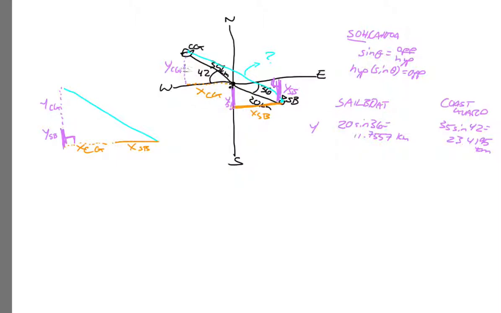So what I did right there is I found this length by taking the sine of this angle times this hypotenuse, and I got this opposite side. That's all I did. So now I've got both the y of the sailboat and the y right here.